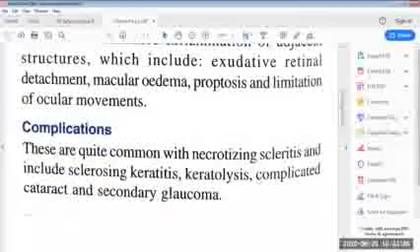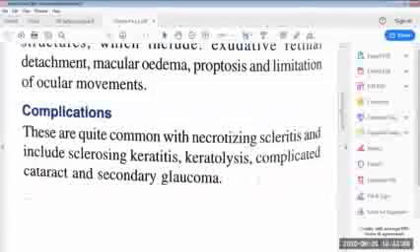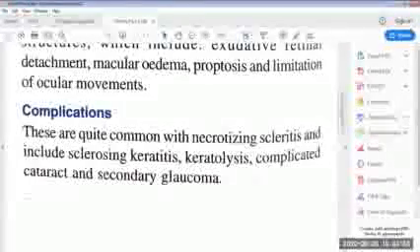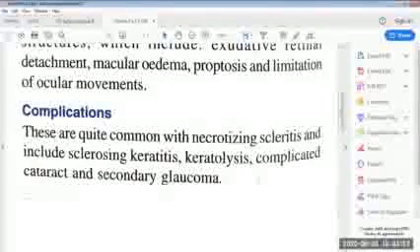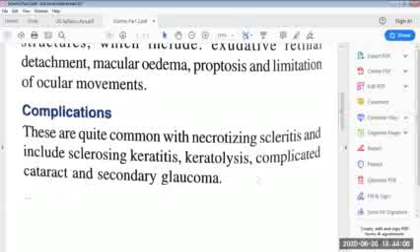Then we come to the complications. What are the complications of scleritis? They are quite common with necrotizing scleritis and include the sclerosing keratitis, keratolysis, complicated cataract, and secondary glaucoma.